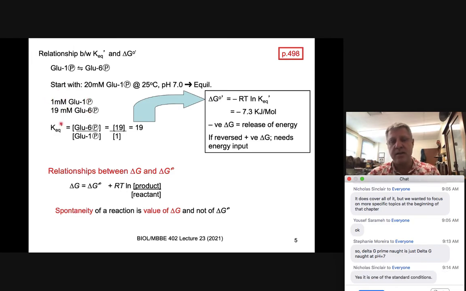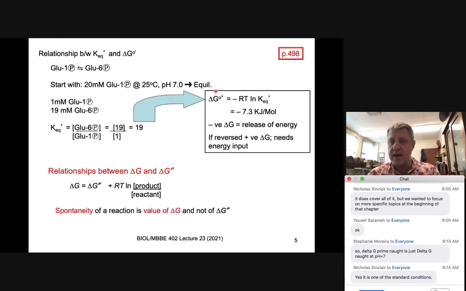So we can calculate the KEQ quite easily, which is the products divided by the reactants. So again, the glucose 6-phosphate, which is 19 millimolar, over the glucose 1-phosphate, which is 1 millimolar, is 19. The KEQ is 19. Now, this doesn't tell us anything about the energy requirement until we use the KEQ in the equation to produce the delta G prime 0.